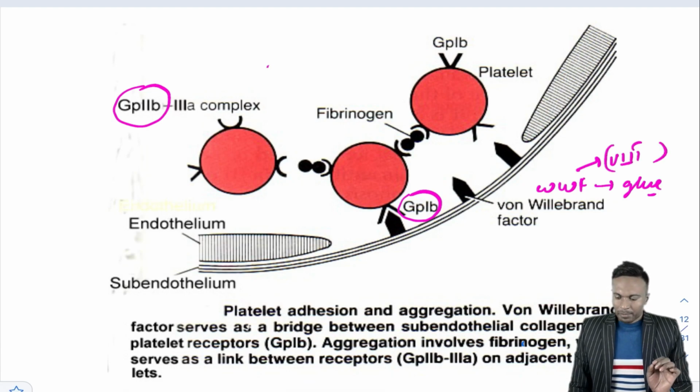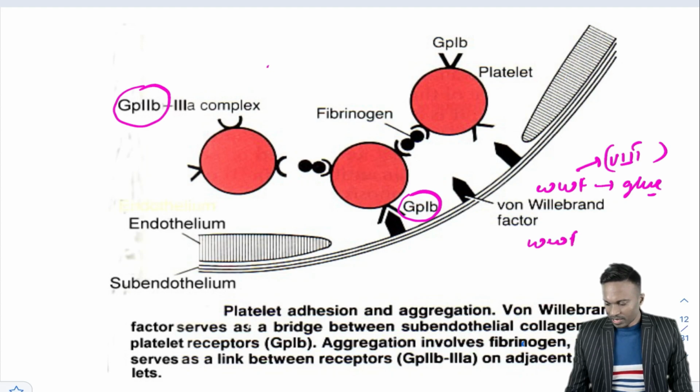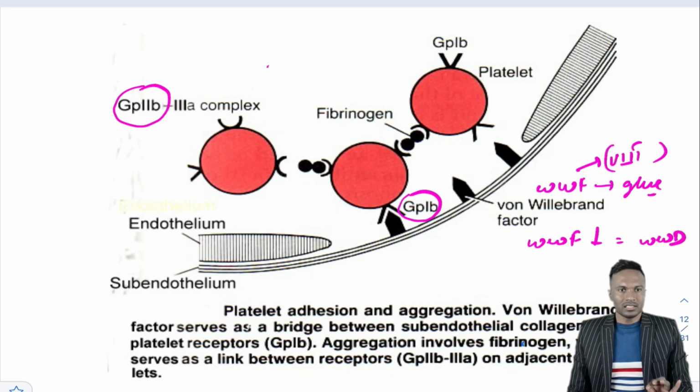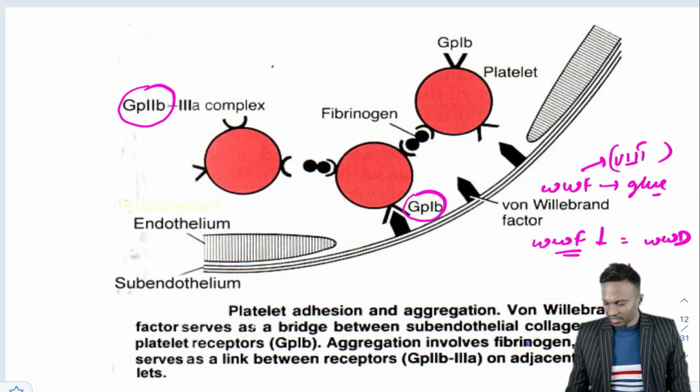So if there happens to be von Willebrand factor deficiency, it will lead to von Willebrand disease. First of all, this von Willebrand factor carries factor 8 and prevents its degradation, so it maintains a certain amount of factor 8 level. So if von Willebrand factor is deficient, then factor 8 will also decrease.